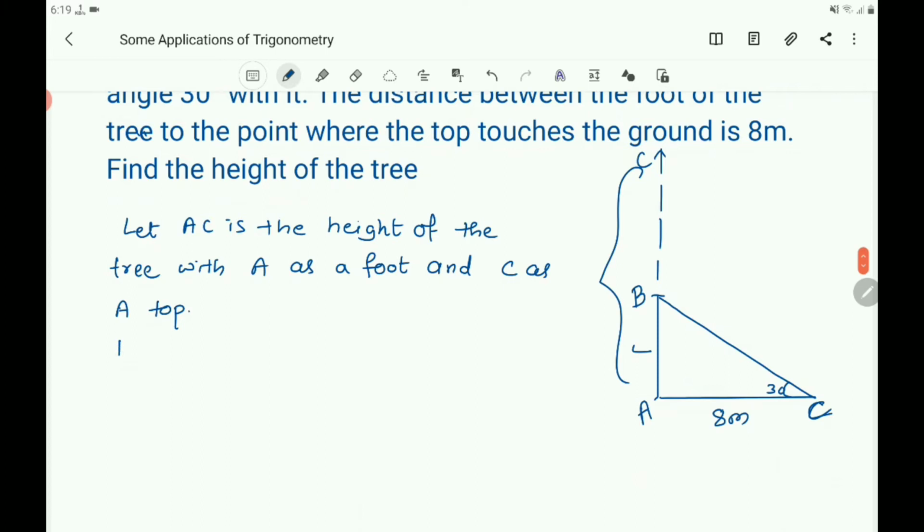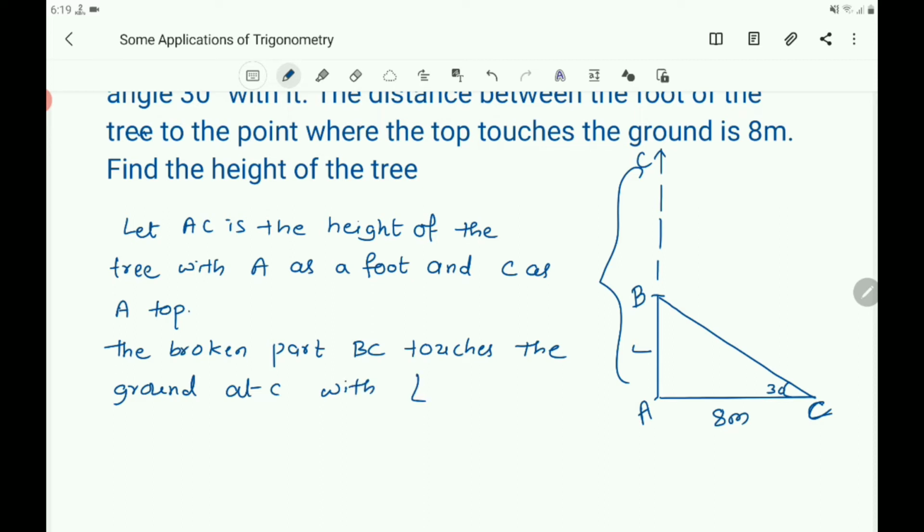The broken part BC touches the ground at C with angle C equals 30 degree.